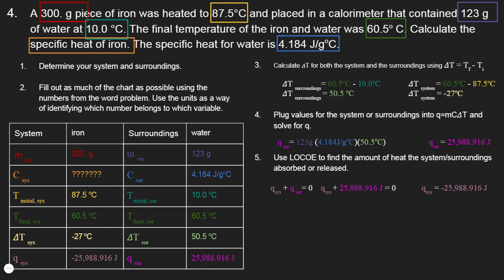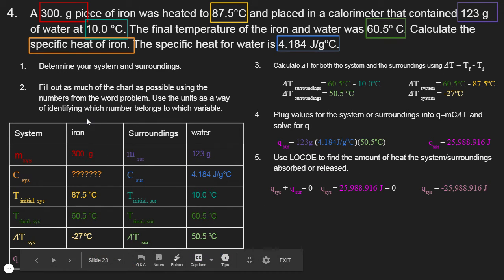In order to get Q of the system by itself, we have to subtract 25,988.916 from both sides. So our final answer ends up being negative 25,988.916 joules.